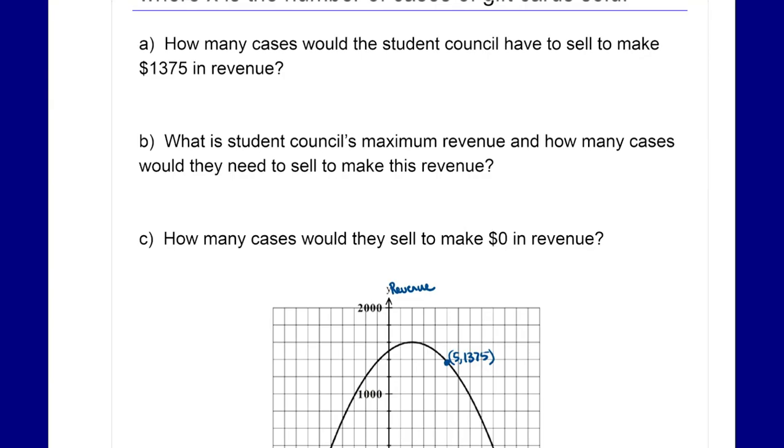Well, they would have to sell 5 cases, because that is the x value, or the number of cases associated with that revenue. They would have to sell 5 cases.